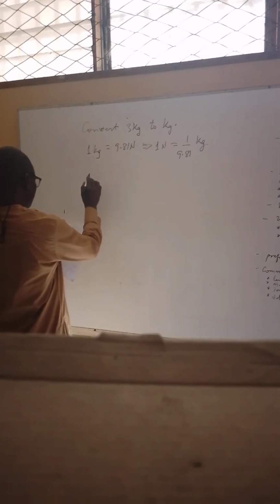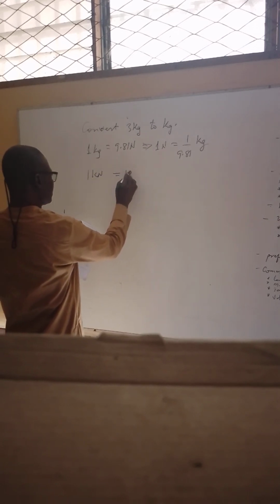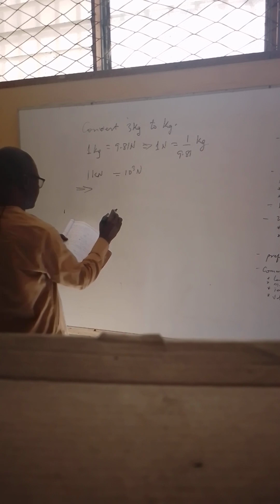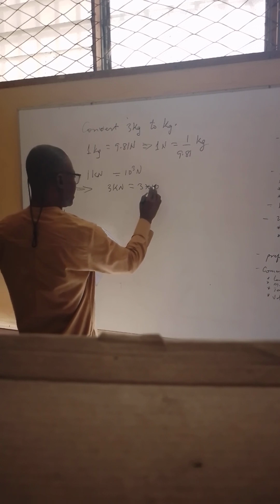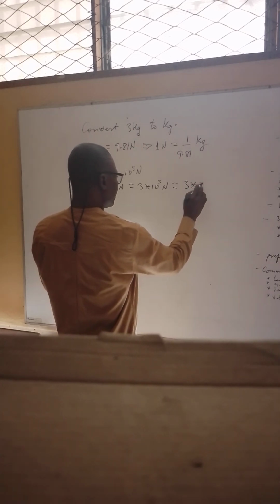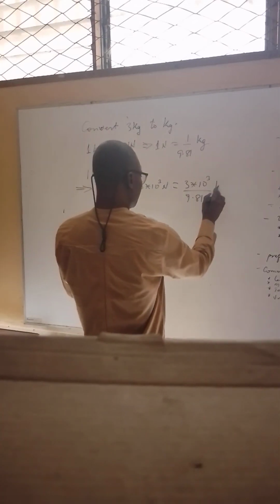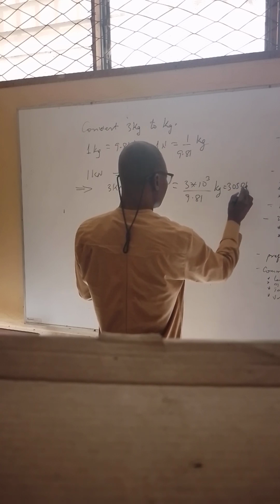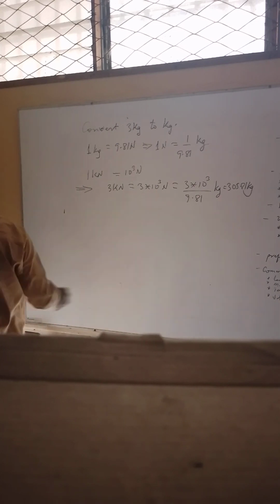And then 1 kilonewton is equal to 10 to the power 3 Newton. And this implies that 3 kilonewton is equal to 3 times 10 to the power 3 Newton, which is equal to 3 times 10 to the power 3 on 9.81 kilogram, which is 305.81 kilogram.